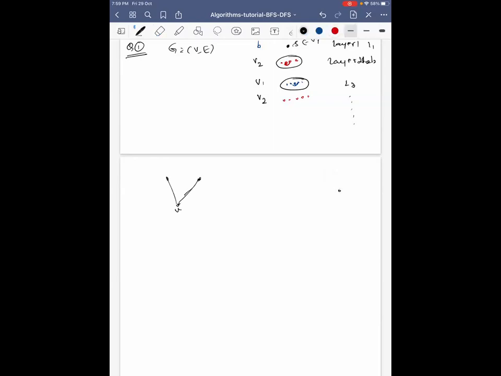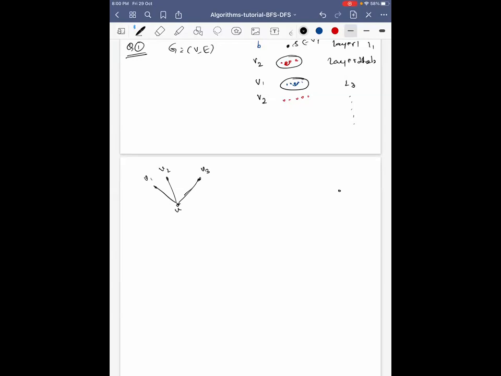Now, of course, you could have multiple edges in the graph which are incident to u. So let's focus on u, and let's say V1, V2, V3 are its neighbors. Suppose I want to record the parent of u. Which one of V1, V2, and V3 should I be recording? It should be the one which was used by BFS to reach u.